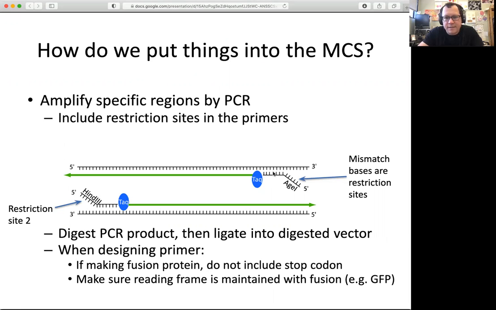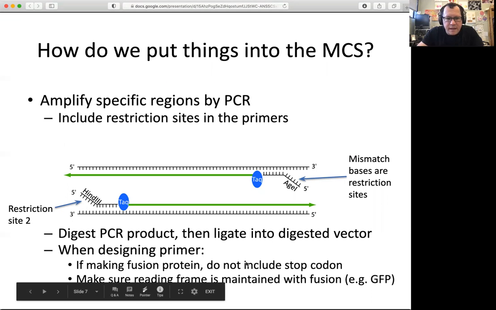The Taq can still hop on and make a DNA copy of our cDNA. So we can add 2 different restriction enzyme sites to our primers, and by the time we make this PCR product, we're going to have a HindIII site here and an AgeI site on this side.